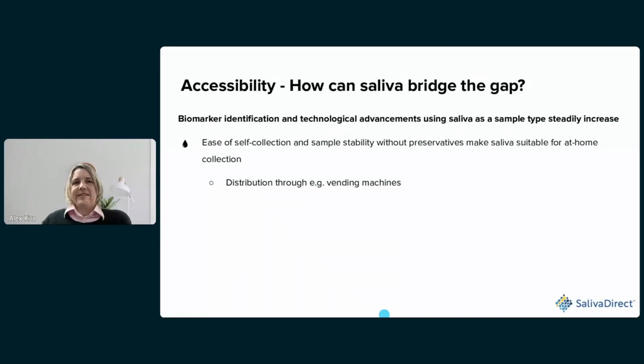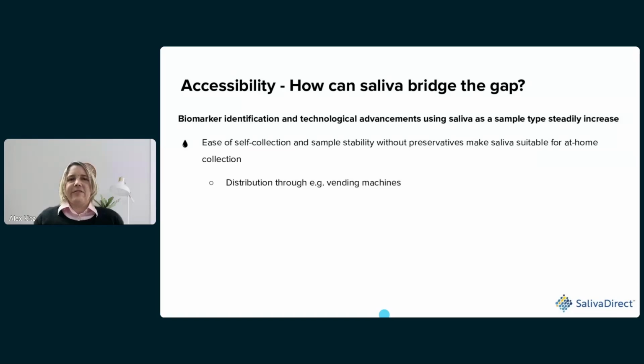Okay, over the last couple of slides, we learned a lot about the real-world application of saliva-based testing. And we've learned that biomarker identification and technological advancements using saliva as a sample type have steadily increased over the last 20 years.